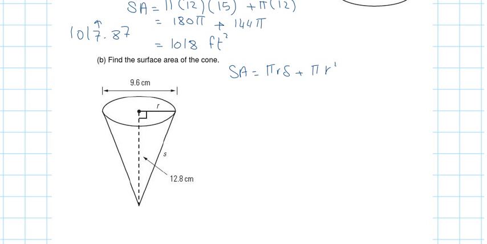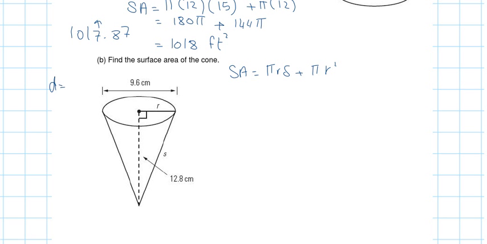Do I know what my radius is? What is it? 4.8. And how did you find that? Divide by 2, right? So you're going to have to take your diameter and divide your diameter by 2 to get your radius.